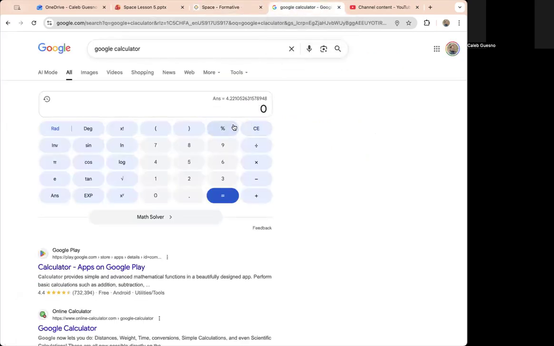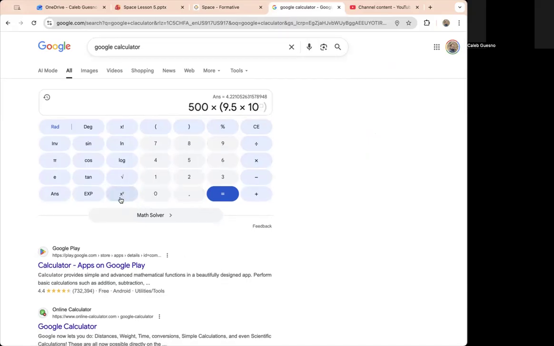So here's our calculator. We're going to take 500 and multiply that by, I'm going to put parentheses, this in parentheses, 9.5 times 10 to the exponent of 12. This will give me the answer that I want in kilometers. Here we go.